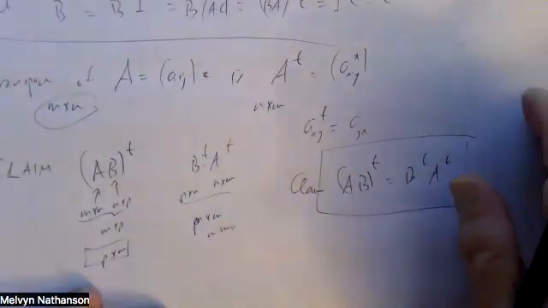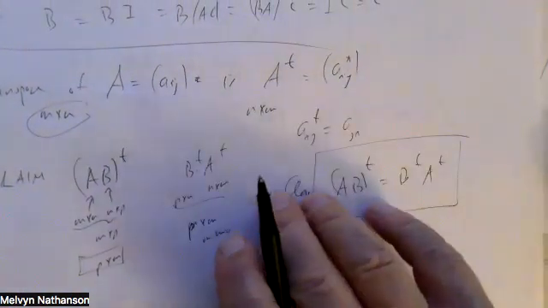Let's try and prove that. So A is m by n, B is n by p. So when you multiply them, the product is going to be m by p. And B transpose, if B is n by p, B transpose is p by n. And A transpose is n by m.